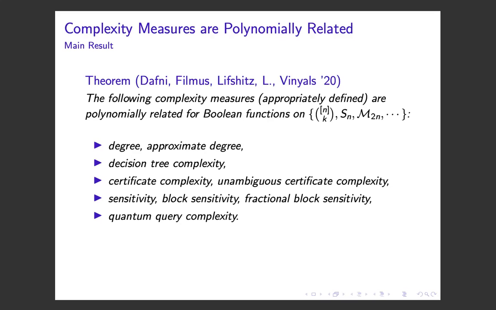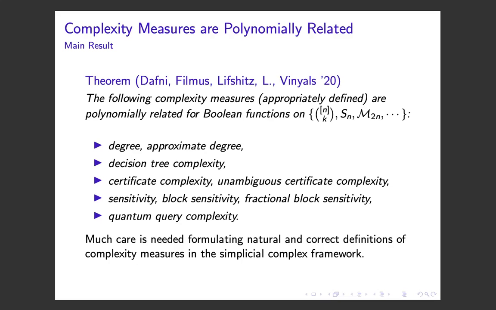And we're able to show this for a number of domains. I won't explicitly list them all here, but the ones that we'll talk about in this talk mainly will revolve around the symmetric group. Okay, so as I've said before, we won't have time in this talk to even define most of these terms. Rather, we're going to focus on degree, decision tree complexity, and sensitivity.